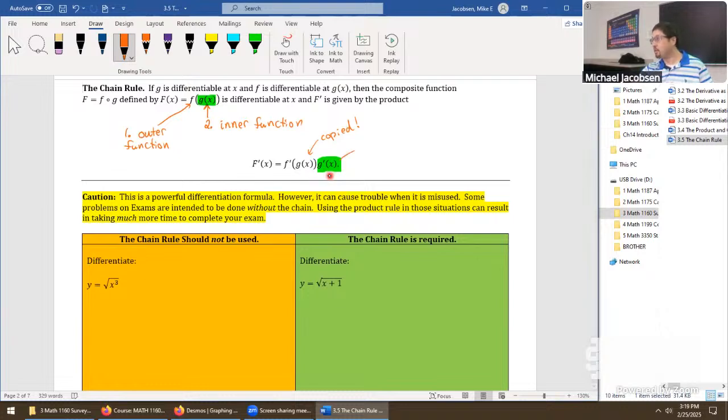Over here, though, we differentiate g. So that's the second derivative we take. Now this one in blue, the outer function, gets differentiated right here. I'll just write diff for differentiate since I ran out of space here.